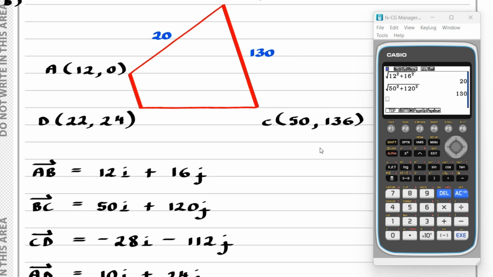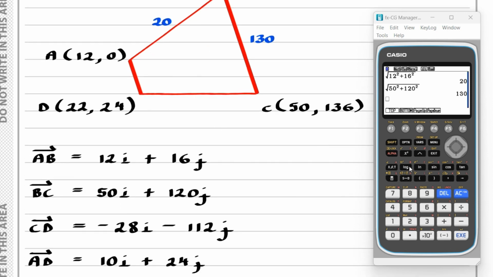Let's work out what CD is. We have the square root of 28 squared plus 112 squared, which is 28 times square root 17. And working out the length of AD, that's equal to the square root of 10 squared plus 24 squared, which is 26.